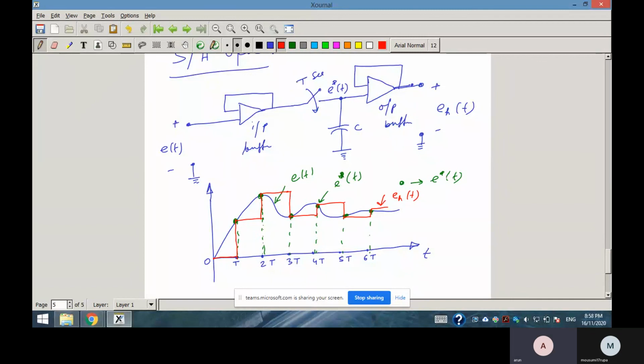Blue is your actual signal, and then e*, that means green, these dots are your sample signal, and this red is your hold output, e_h(t). So this is your sample and hold operation.